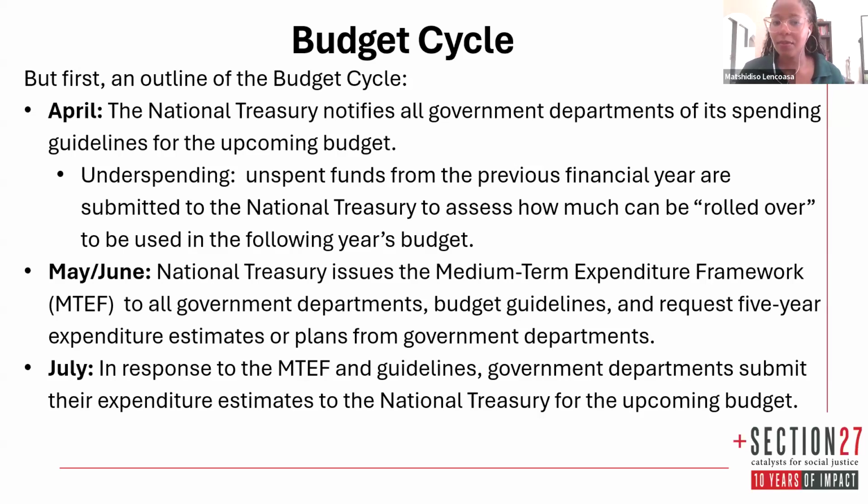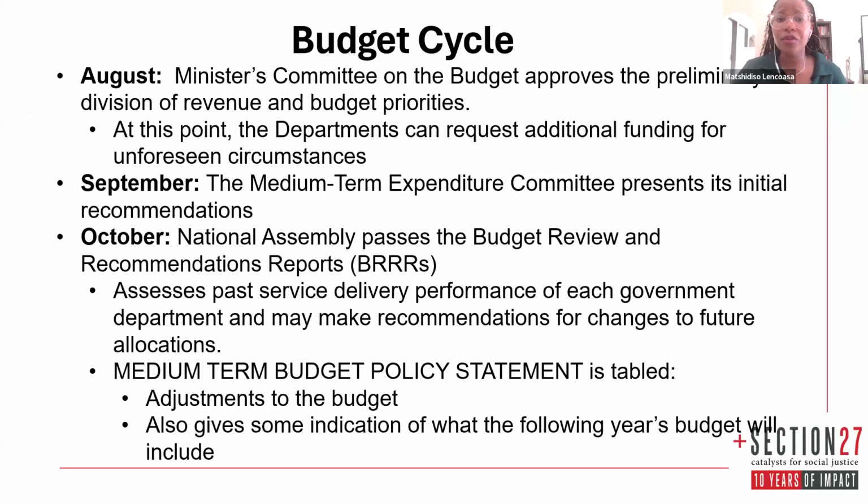I'd say it starts in April, when Treasury says to government departments, these are the guidelines that we would like to approach. This is the spending guidelines for the next year. Then it becomes a process of back and forth between government departments and Treasury, and it is approved by October.